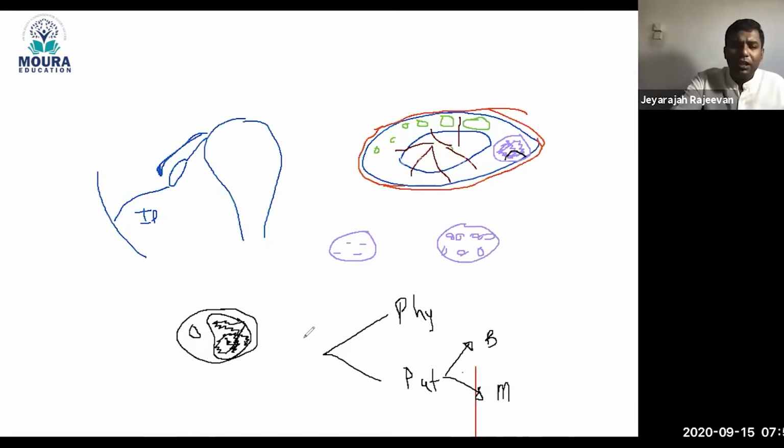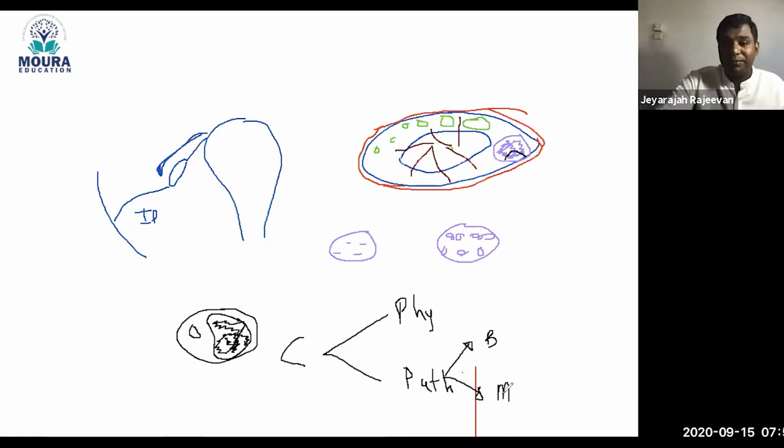So the cystic lesion in the ovary can be a physiological cyst. That is the first information you need to understand now. The cystic lesion in the ovary can be a physiological cyst or a pathological cyst. If it is a pathological one, it could be a benign one or it could be a malignant one.